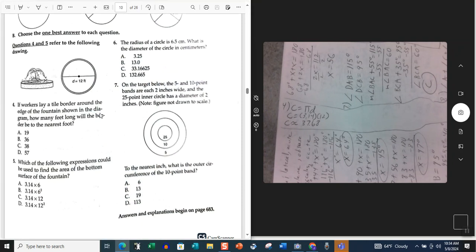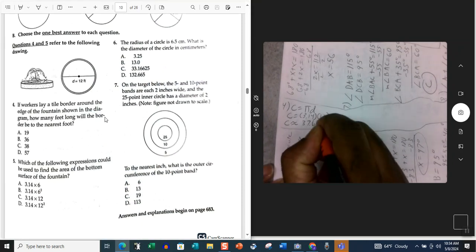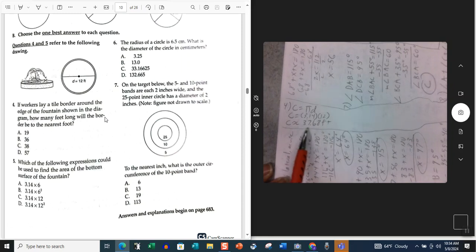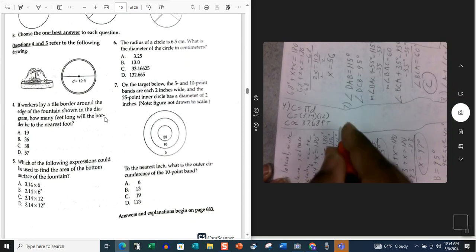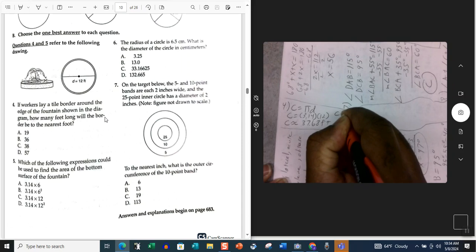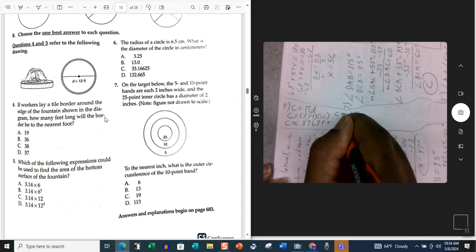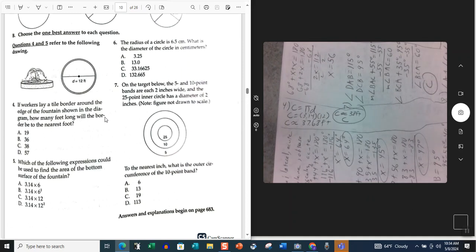And I don't know if this is in feet. Okay. Now they want us to, how many feet long would a border be to the nearest foot? Now we know 37.68 is approximately 38. So we know our circumference is approximately 38 feet, which would give us C. So that's problem number 4.